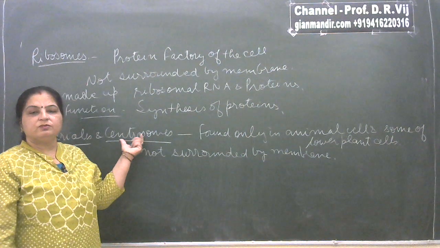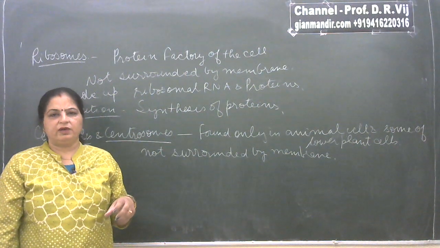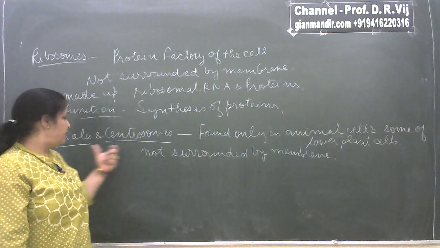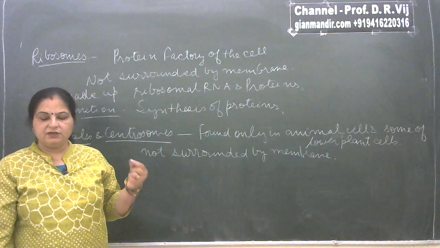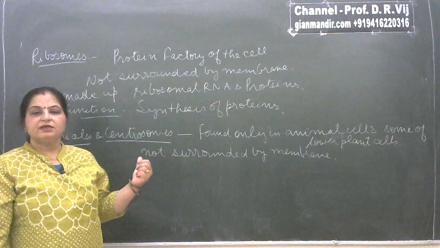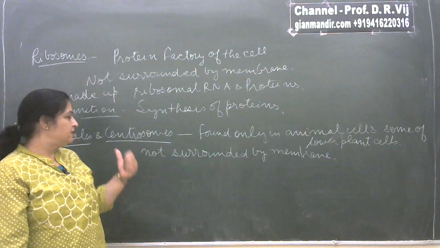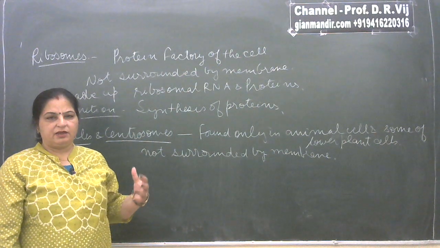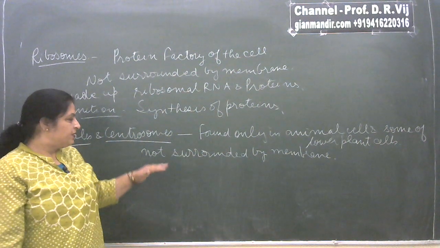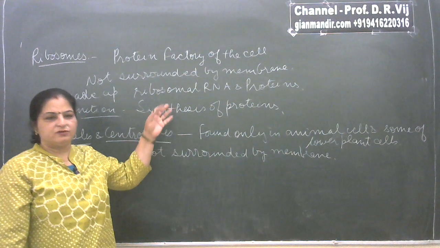So these centrosomes occur as a spherical structure near the nucleus, and these centrosomes are further made up of very fine tube-like structures, and these tube-like structures are known as centrioles. So centrioles combine to form centrosomes, and these centrosomes are found in the cell near the nucleus. And remember, these centrosomes are also not surrounded by membrane like ribosomes.